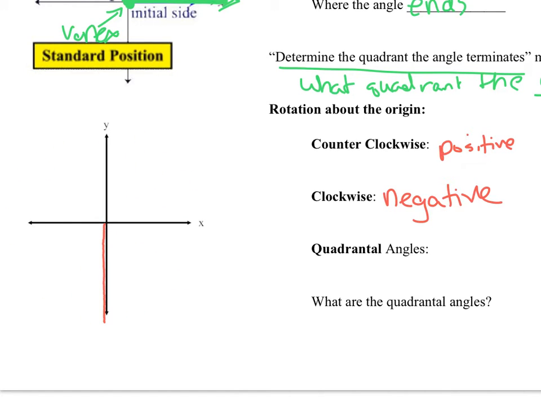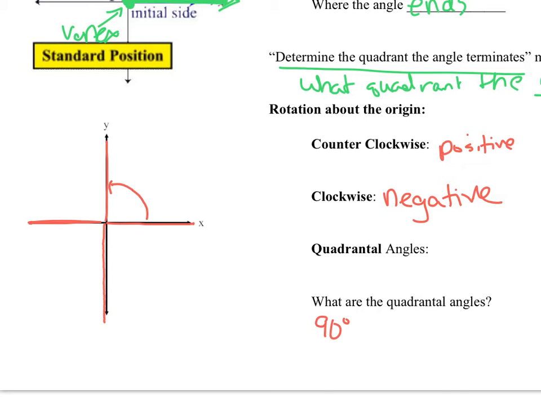Okay, now the other things that you need to know, quadrantal angles are angles that are on the quadrants, like on the axes. So that's a quadrantal angle, that one, and that one. From here to here is 90 degrees. 90 degrees is one quadrantal angle.